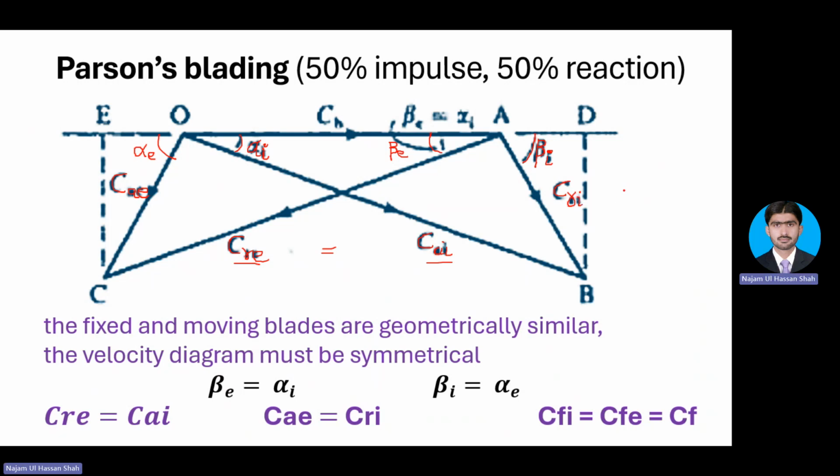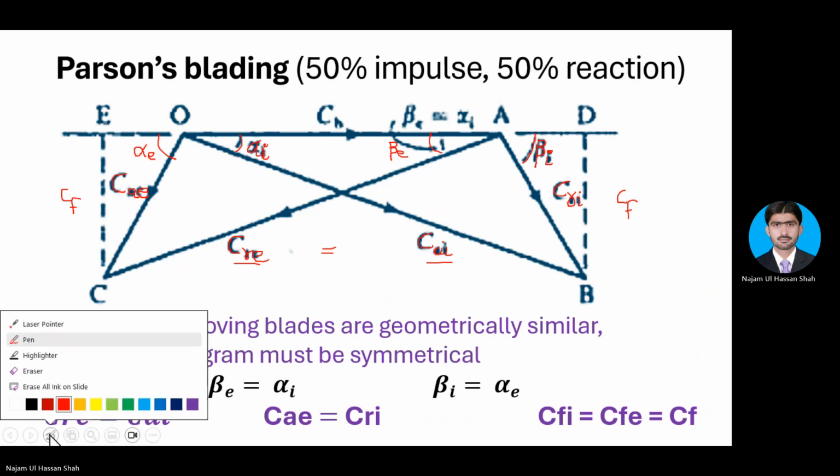And the vertical sides are also equal. The inlet flow component CFI will be equal to the exit flow component CFE. So we call both of them CF.